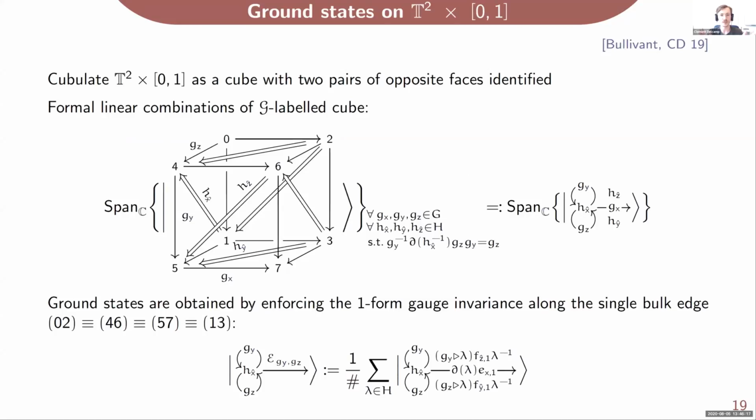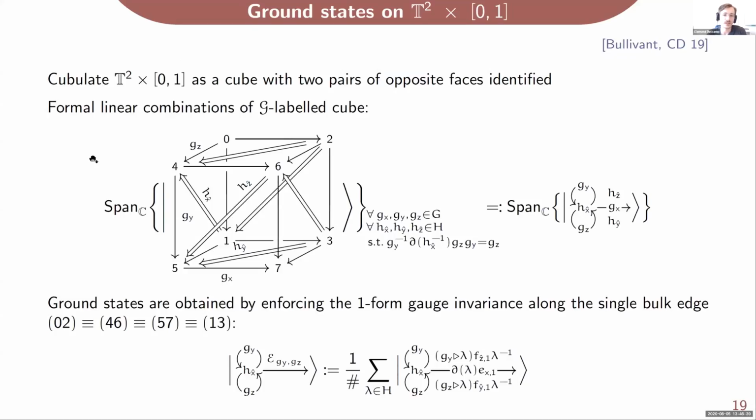I should pick the simplest one possible, because it doesn't matter which one I choose. So in that case, it's just a cube, such that the top and bottom faces are identified, and the front and back faces are also identified. This gives me the topology of a torus cross an interval.